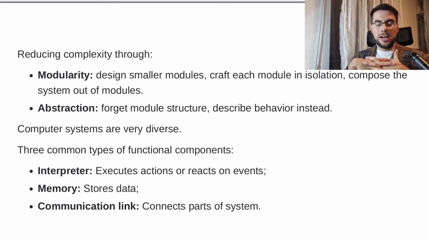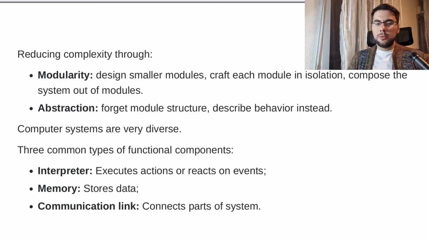In order to somehow categorize them, we propose to decompose them functionally and study their components. There are three common types of functional components in computer systems: interpreters, which are active components that execute actions or react to events; memory that stores data; and communication links that connect parts of systems.